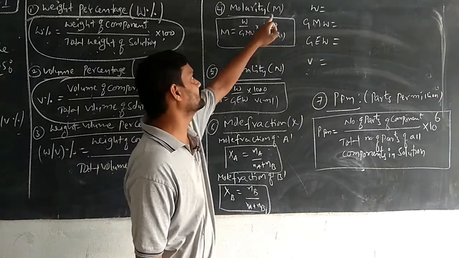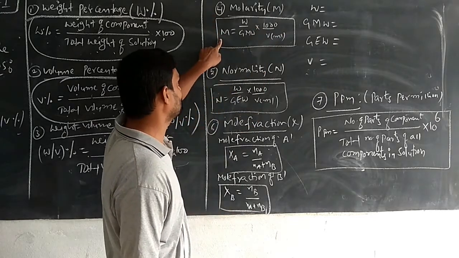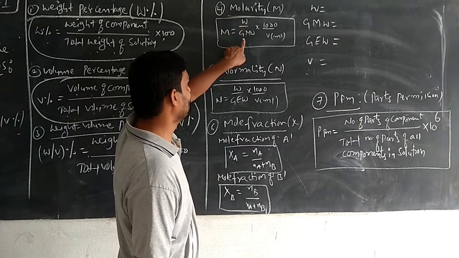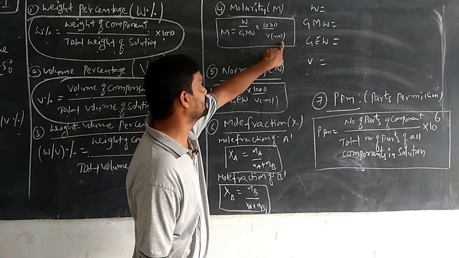Molarity is indicated with the capital M. The formula of the molarity is M is equal to W by GMW into 1000 by V milliliters.